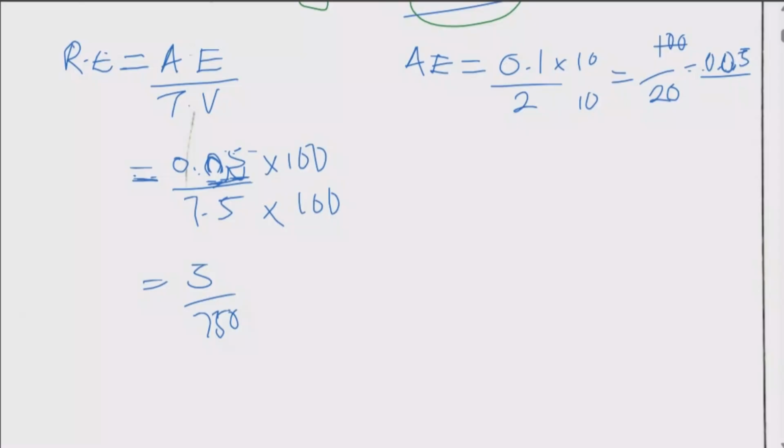Okay, then what do we do? What we're going to do is we're going to do this. 5 divided by 750, or 750 into 5, or better still we can say, what number can go into 5 and 750? The number that can go into 5 and 750 is 5 itself. So we divide both numbers by 5, and this one by 5.